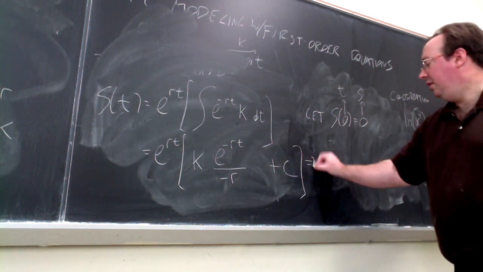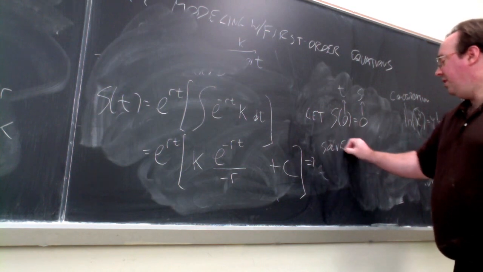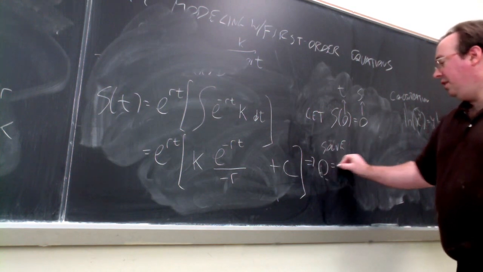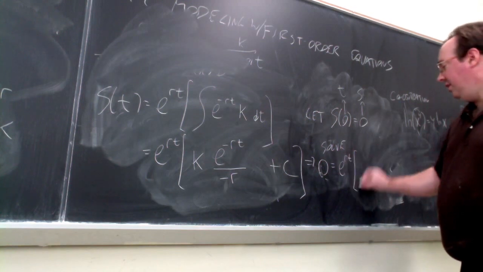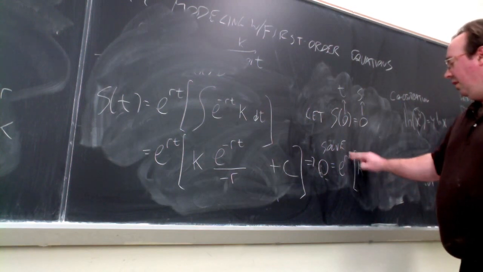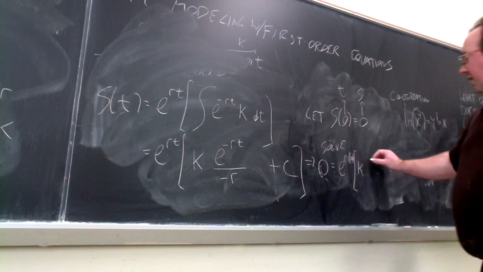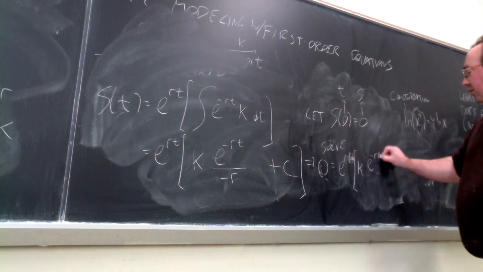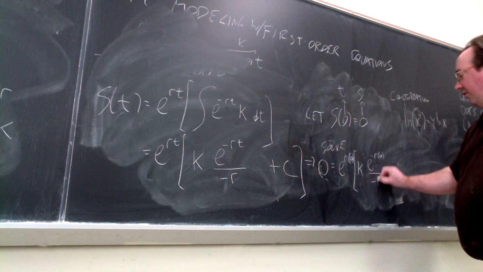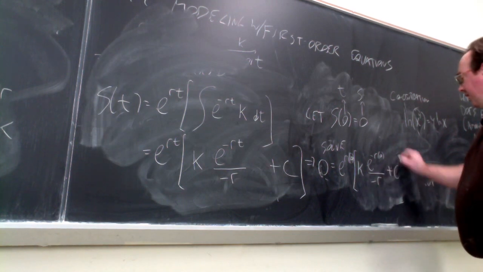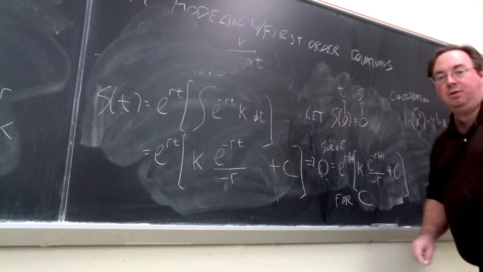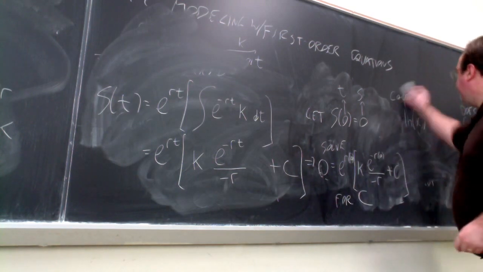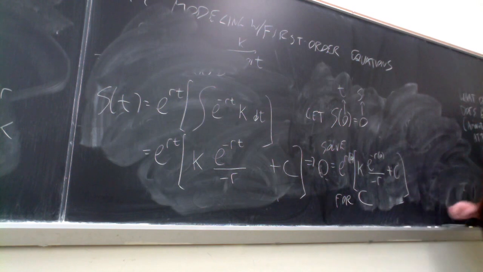So we need to solve this equation. 0 is equal to e to the rt, where t is going to be 0, and then we have e to the minus r times 0 over minus r plus c, and solve for c.